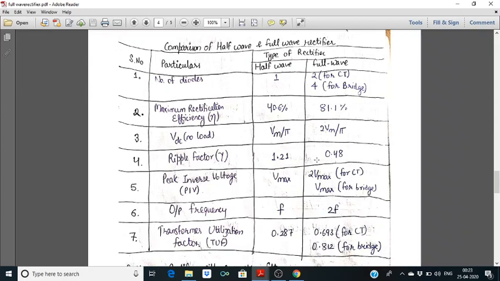Now ripple factor, another advantage, is less, 0.48 for full wave, while it is higher, around 1.21 for half wave rectifier. Now coming to peak inverse voltage, it is V maximum for half wave, while 2 times V maximum for center tapped and V maximum for bridge.